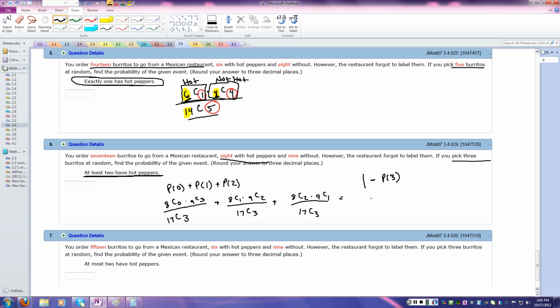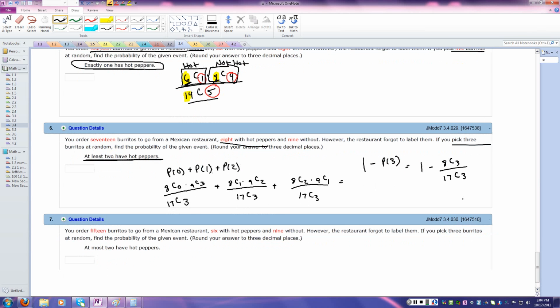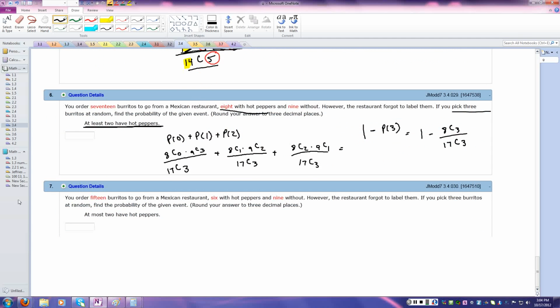So this is the same as 1 minus 8 choose 3 over 17 choose 3. This is usually a little easier to calculate. At least 2 have hot peppers: you're looking at the case where you have 0, 1, or 2. Or you can do 1 minus the chance that you have all 3 with hot peppers.